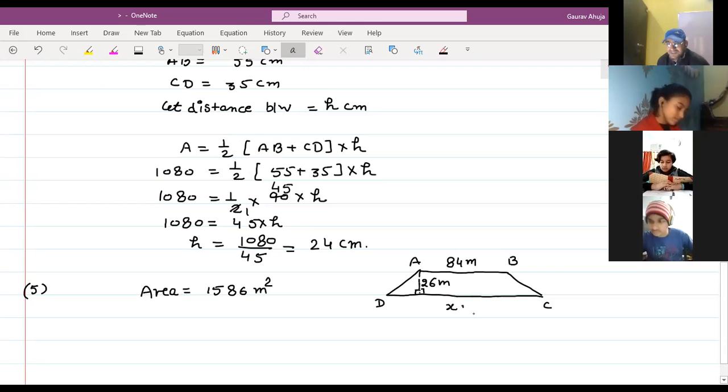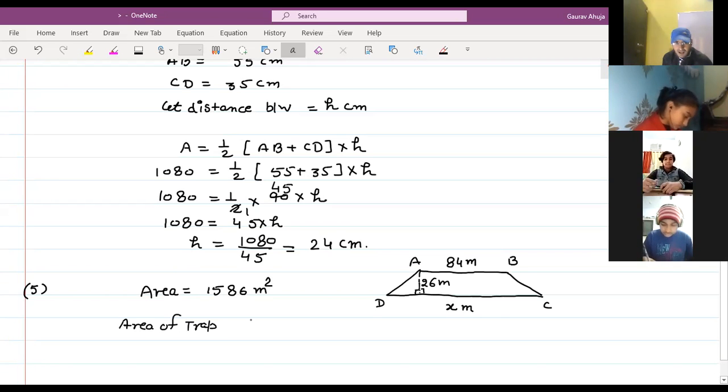Let's assume that the other side is x meter. So area of trapezium is half sum of parallel sides, 84 plus x, into height 26. Am I right?